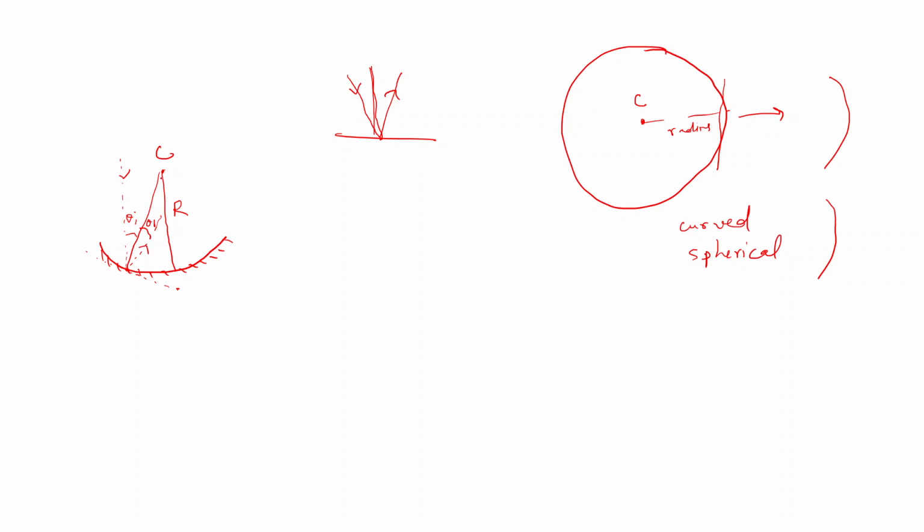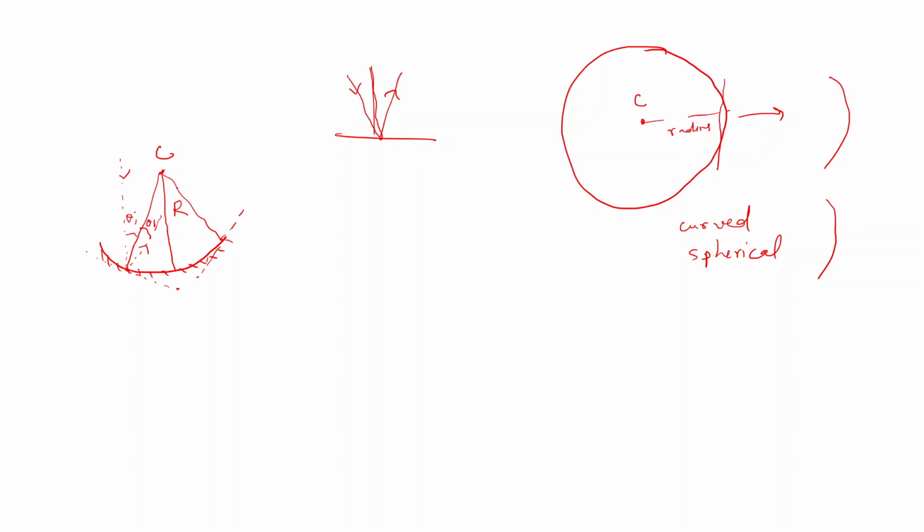But if the incident light is coming through the center of curvature, remember I told you this radius of curvature is perpendicular to the surface everywhere. Wherever it touches, it is perpendicular to the surface, right? So this is also the normal.